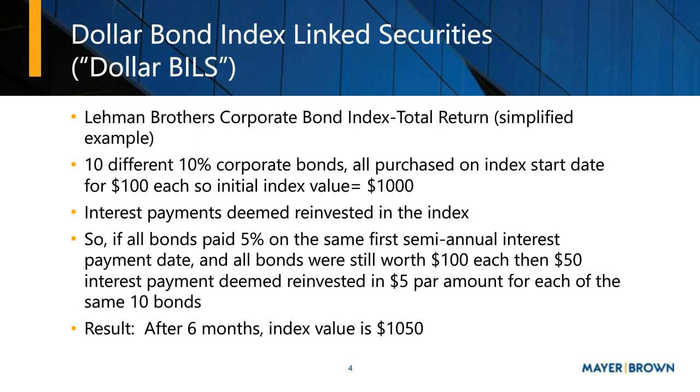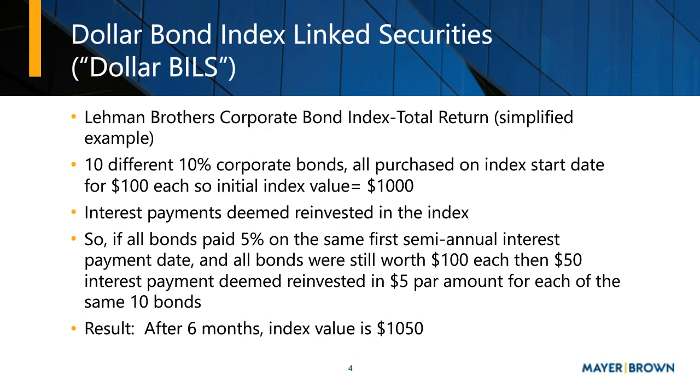This is a total return index, or was a total return index, and so the interest payments were deemed reinvested in the index. Very simply, if on the first payment date, 6 months out, all the bonds paid 5%, and all the bonds were still worth 100 at that time, then each $50 interest payment would be deemed to be reinvested in $5 par amount for each of the same 10 bonds.